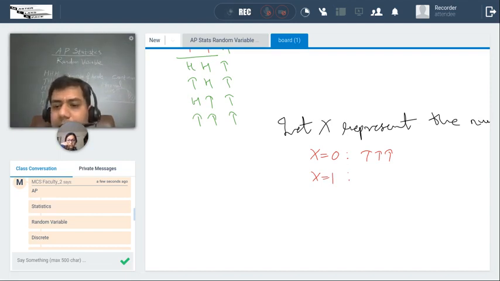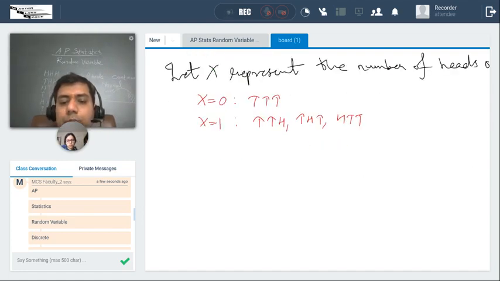X equal to 1 when the number of heads is one H: HTT, THT, TTH. Next, X equal to 2.